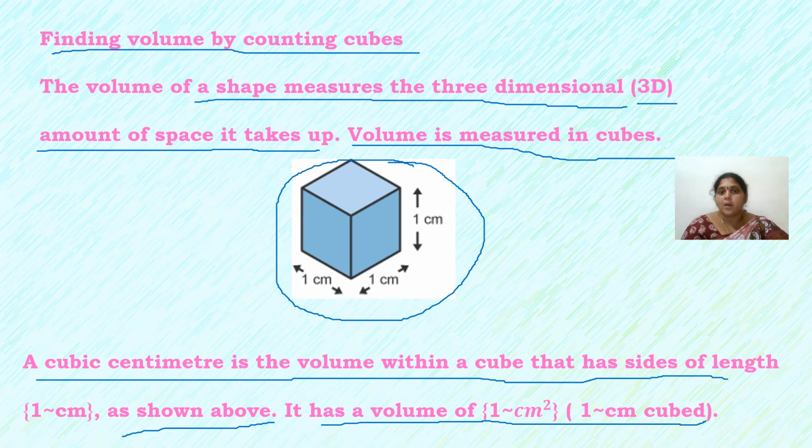Now all the sides are equal, that's why 1 into 1 into 1. When multiplied, 1 centimeter square into 1 centimeter will become 1 centimeter cube or 1 cubic centimeter. This is how we are going to calculate with the help of cubes.